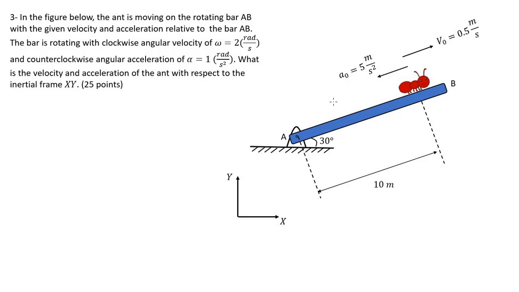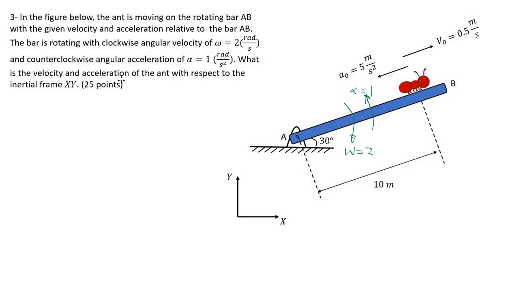So omega is going to be in the clockwise direction. Omega is in this direction, and its value is just 2 radian per second. And the angular acceleration is in the counterclockwise direction, so that's going to be in this direction. Alpha equal to 1 radian per second square.